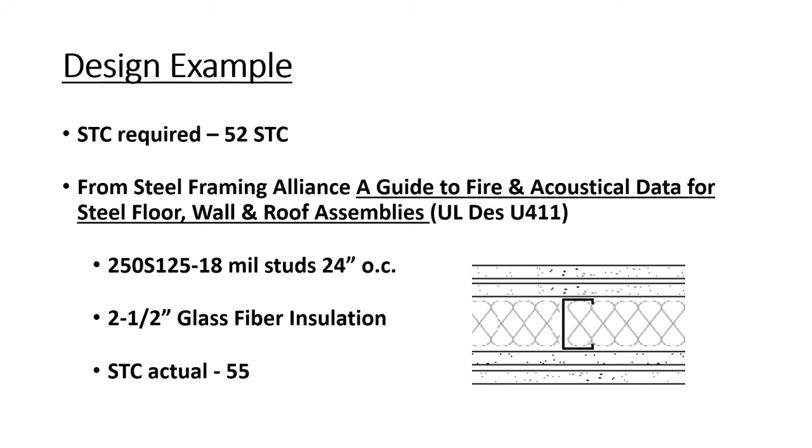Now this exceeds our requirement, so essentially we have covered the design analysis and now have a complete package that looks at fire, sound, and structural performance requirements of this particular consideration.